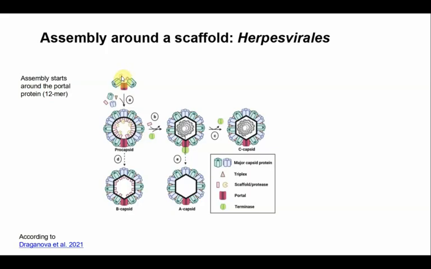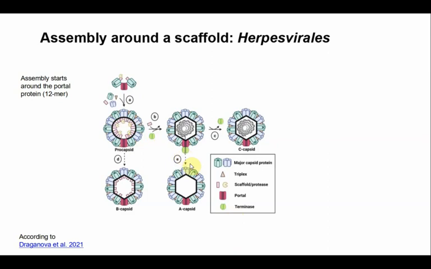It's also incorporated. So the protease cleaves off all of this, and the scaffold protein can pass through the portal. It's like a pore, and the scaffold protein gets out through it. So the protease is removed, the scaffold protein is removed. Now, if that works correctly, all of the scaffold protein is removed, and the portal will associate with this terminase enzyme.